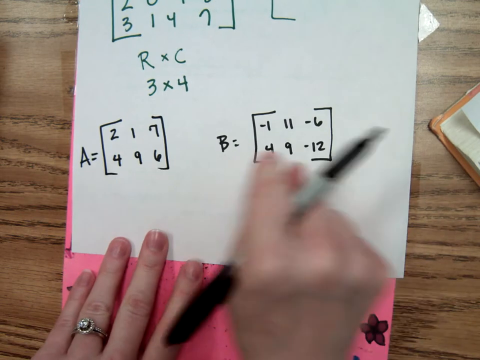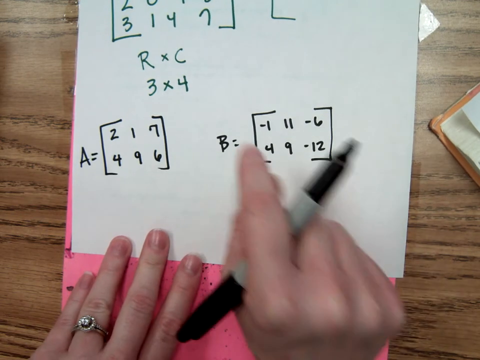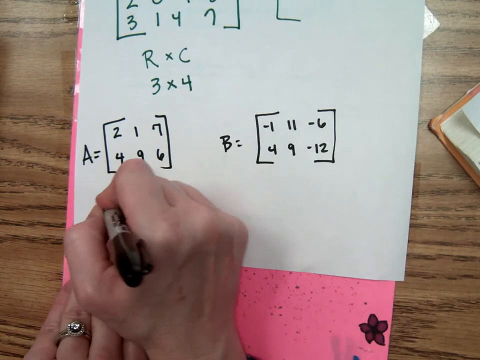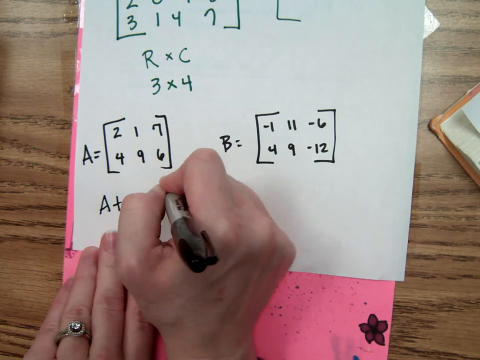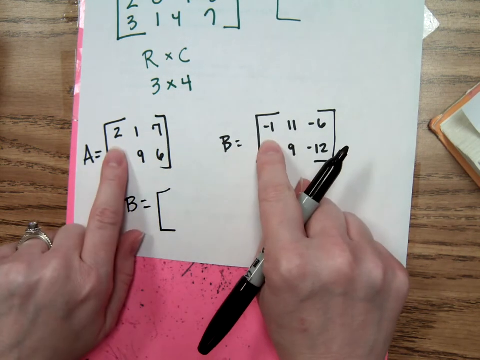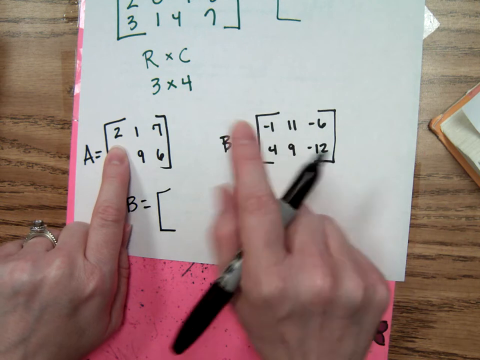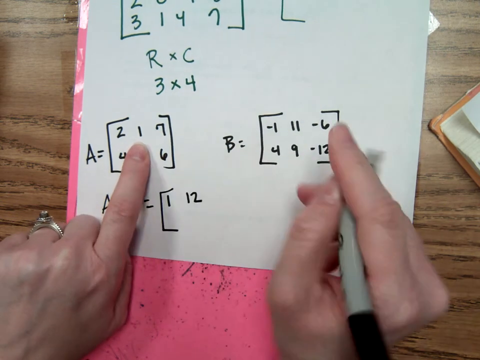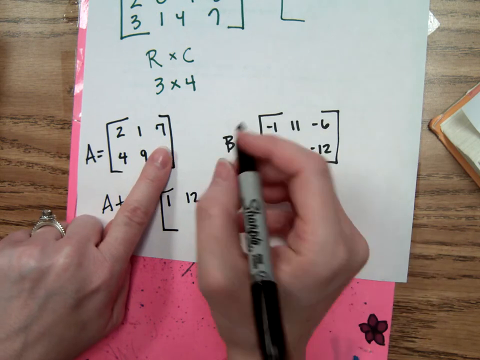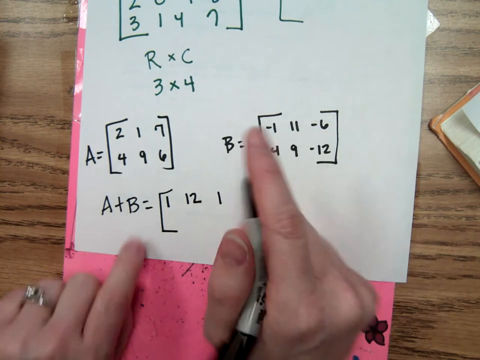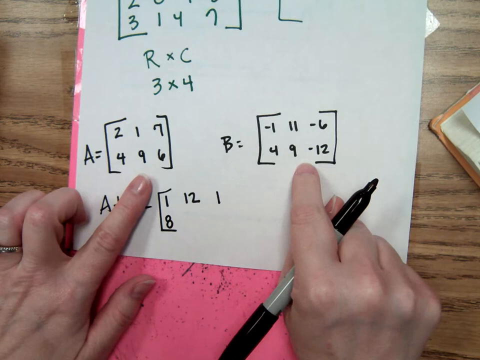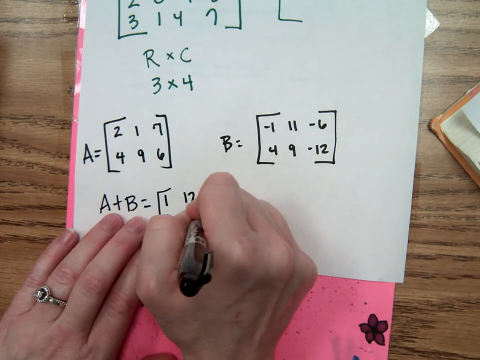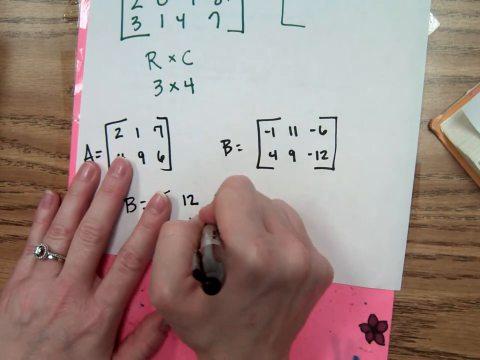They're the exact same size, so I can add and subtract them. A plus B would equal 2 plus negative 1, 1 plus 11, 7 plus negative 6, 4 plus 4, 9 plus 9, 6 plus negative 12.